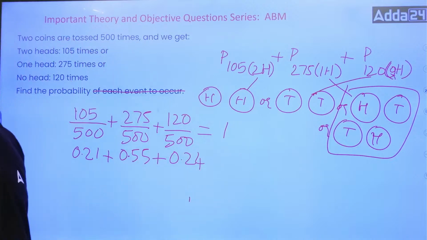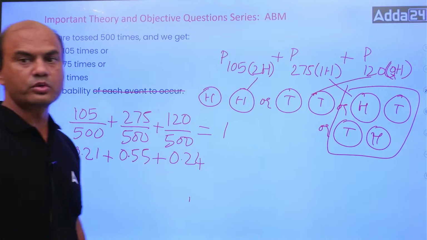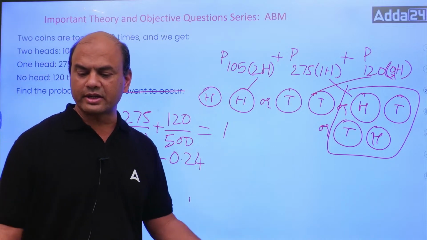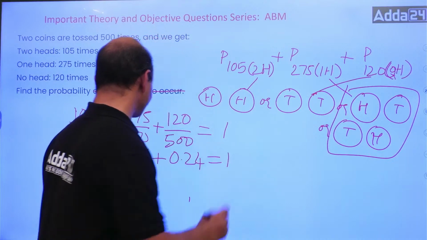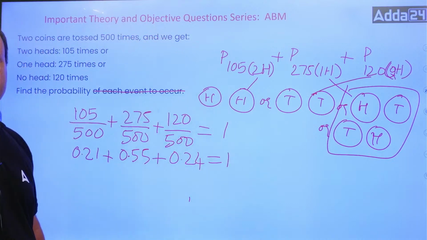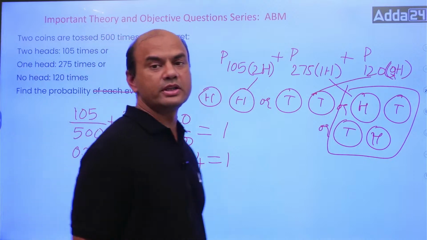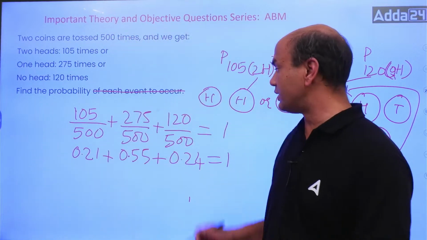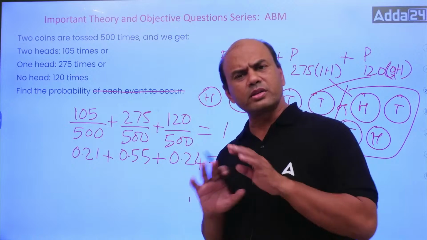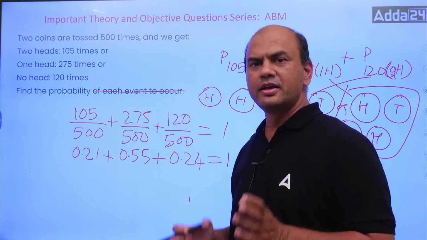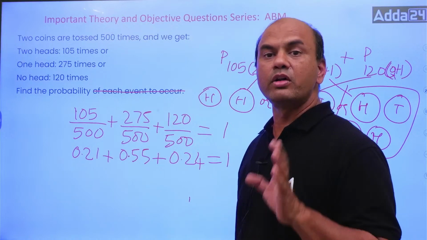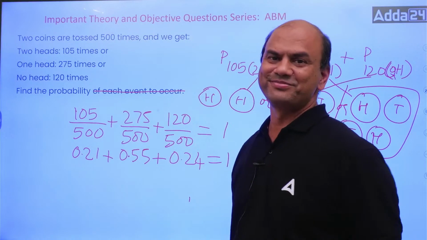Get the total of all these. You will get it as 1 only. Okay? You will get it as 1. Got it, everyone? So this is how this knowledge of probability is required over here. Kindly note, whenever all the possibilities are there and you add all the possibilities, the answer of that probability will always be equal to 1. Okay?